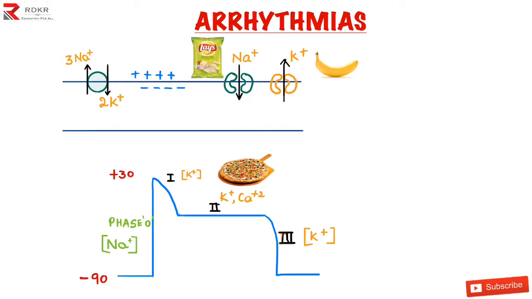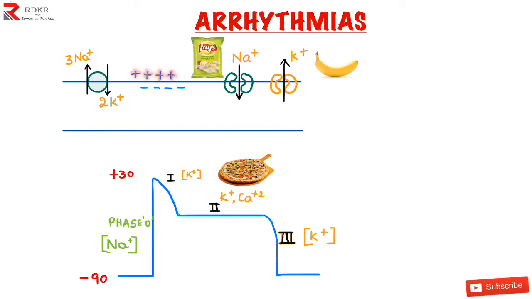Here, in each of our cells there is one main pump, that is sodium potassium ATPase. Its function is 3 sodium goes out and 2 potassium come in, and due to the action of the sodium potassium ATPase, the membrane inside the cell is negatively charged and the membrane outside the cell is positively charged.